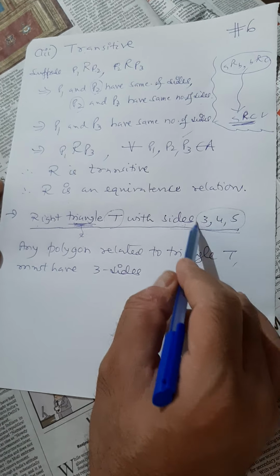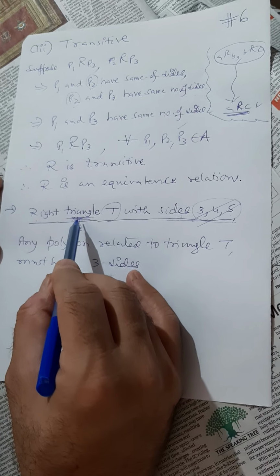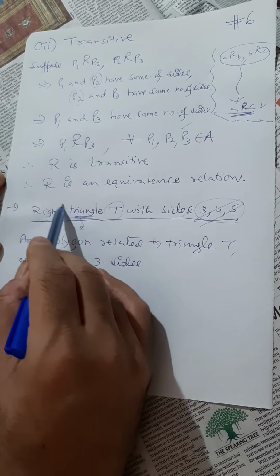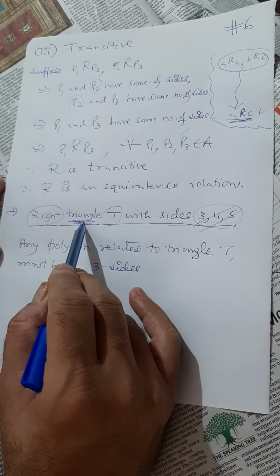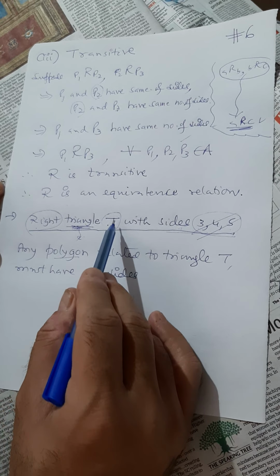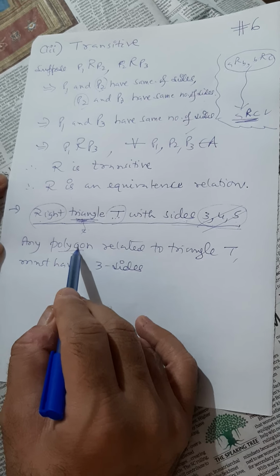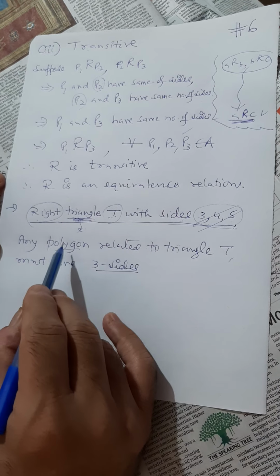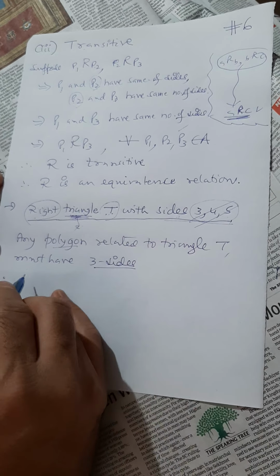The measures of sides 3, 4, 5 are not important here. Even that this is a right triangle is also not important. You know a triangle has 3 sides, so if any polygon is related to the triangle, then the number of sides of that polygon must be 3, and therefore any polygon with 3 sides represents a triangle.